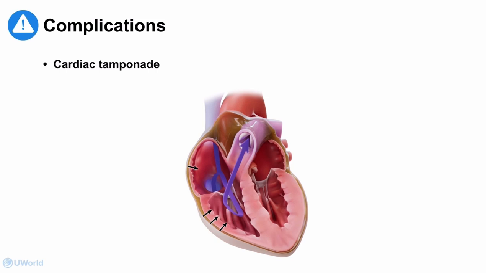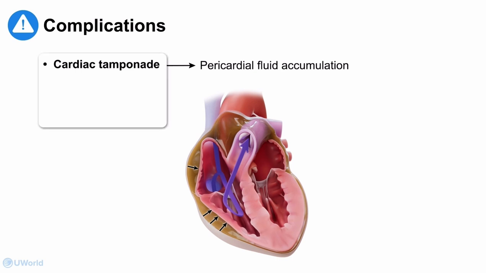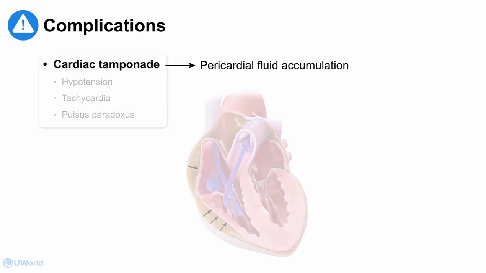Now, let's go over the potential complications of acute pericarditis. Cardiac tamponade can occur due to rapid or large volume accumulation of pericardial fluid that restricts cardiac filling. Manifestations include hypotension, tachycardia, and pulsus paradoxus, which refers to an exaggerated drop in blood pressure during inspiration.